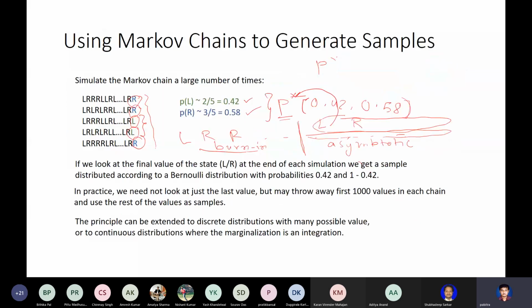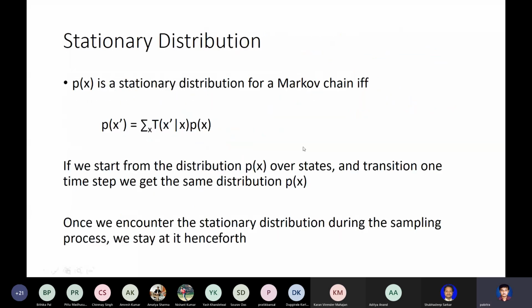So if the distribution follows this property, that P is such that the transition of x to x prime times Px, you are in x and you want to transit to x prime, this probability marginalized over all possible values of x from where you can reach x prime, is the same as Px. So the distribution in the previous step is the same as the distribution in the next step.